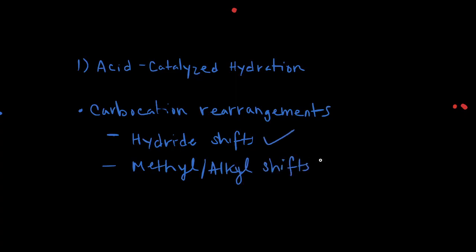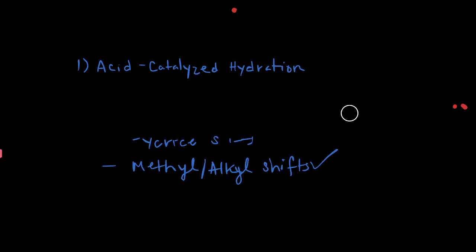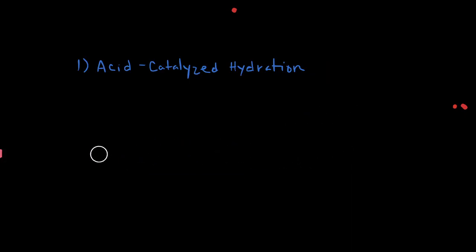So we can have hydride shifts and methyl shifts. These types of carbocation rearrangements are going to be possible when performing acid-catalyzed hydration reactions. So if you are okay with that occurring, then you can use your acid-catalyzed hydration.